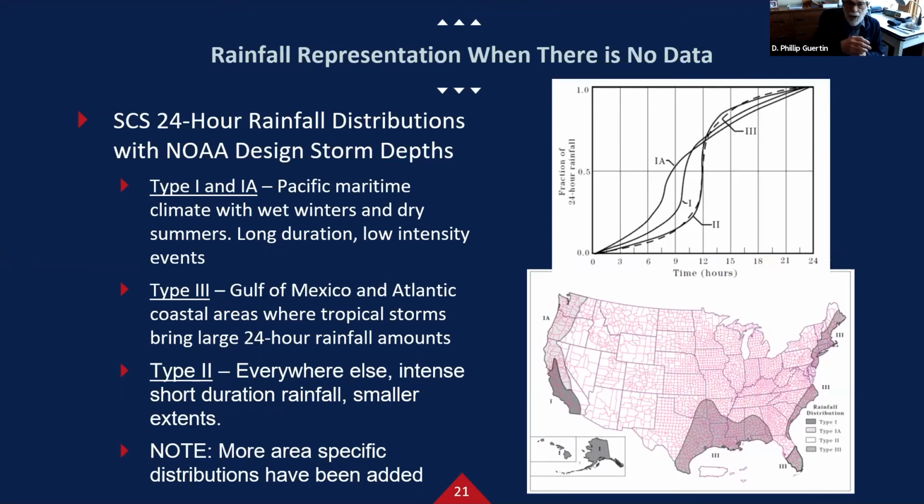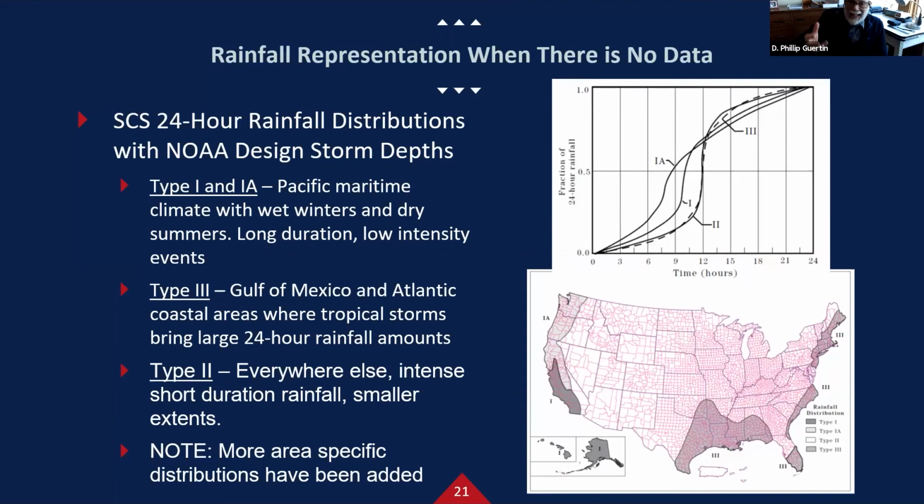We use rainfall distribution curves from the Soil Conservation Service to represent an event. These curves I'm looking at are for 24 hours, but we can make that a shorter duration if you want. In this case, we're looking at 4 types of rainfall distribution.